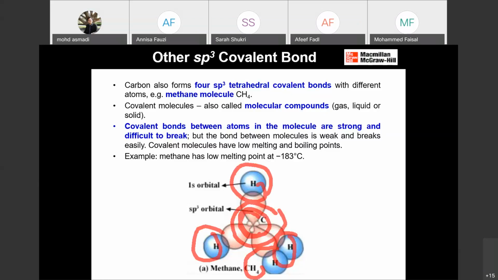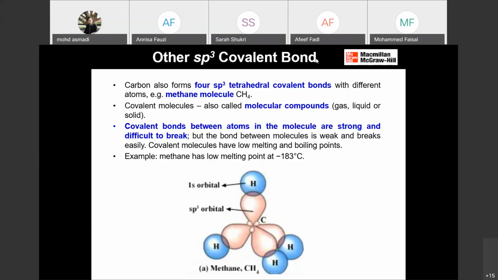Generally for lone pair and bond pair, I think all of you know what a lone pair as well as a bond pair is, right? For example, we have HCl.